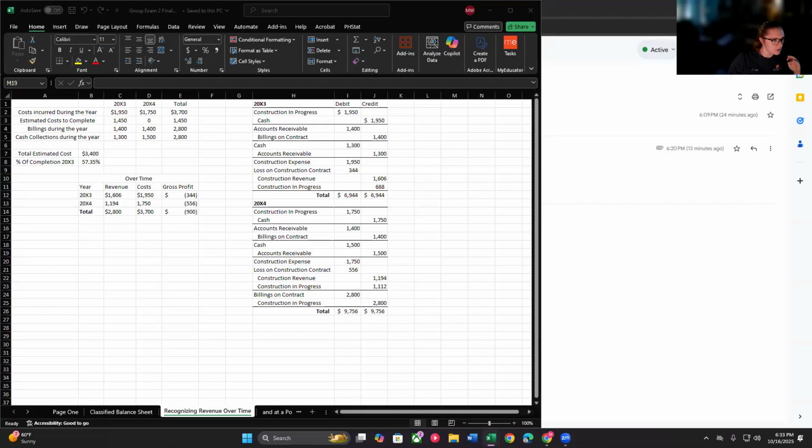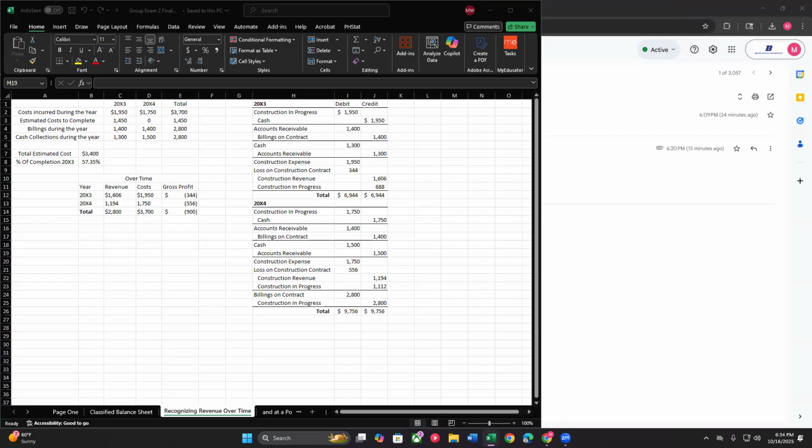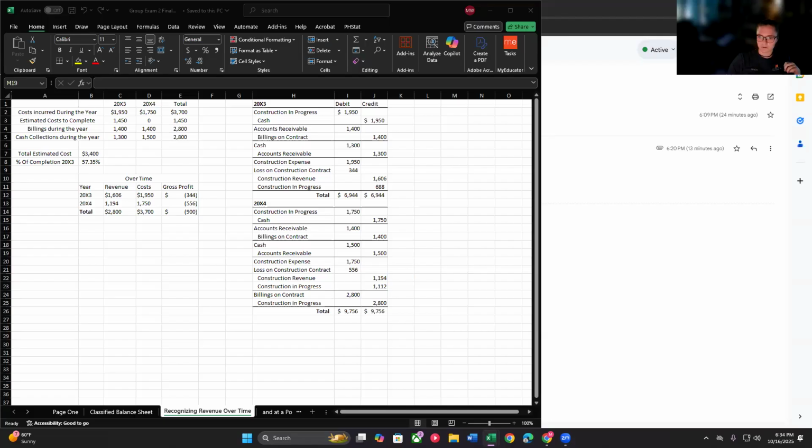So I have a different answer for 2013 cost. Costs? Isn't that just the costs incurred during the year? I thought it also included the estimated cost to complete. What do you have? 3,400.